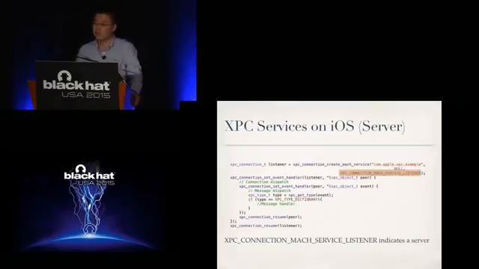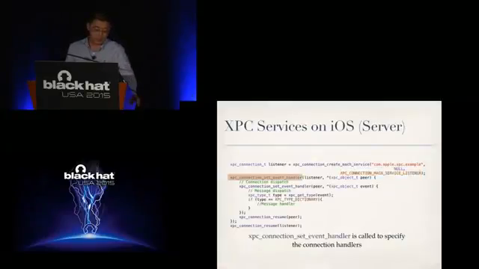And for a server, it's very common to handle multiple connections at the same time. So you may want to have a connection handler. That means you want to dispatch a connection or specify the connection context or whatever. So you can use this API, xpc_connection_set_event_handler, and for the first time, you can set up the connection dispatcher here.